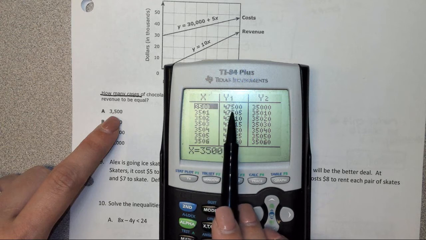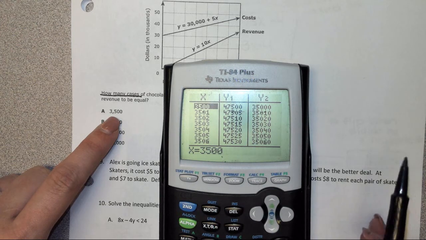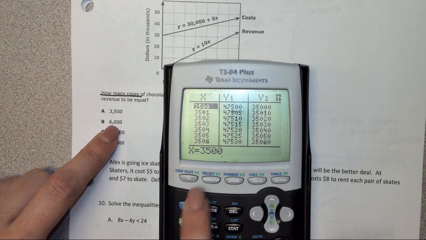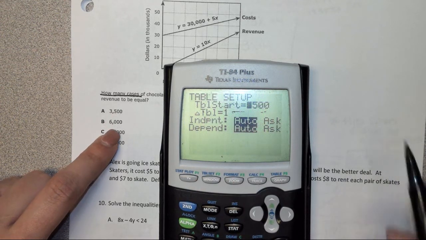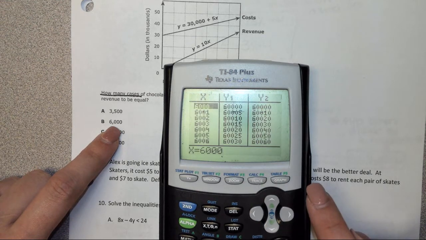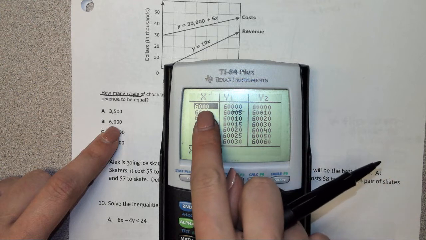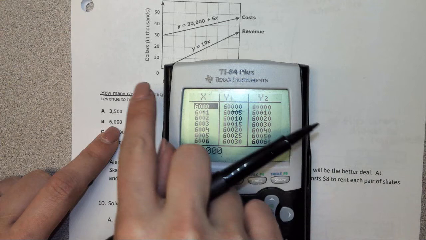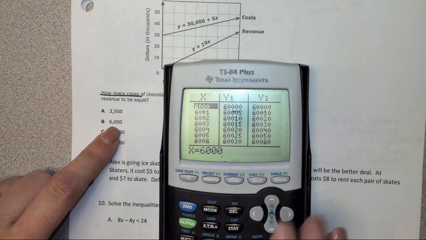At 3,500 cases, those are not the same amount. So let's go back, second window, and now let's try 6,000. 6,000. So second graph. Hey, at 6,000 cases, they both generate $60,000.